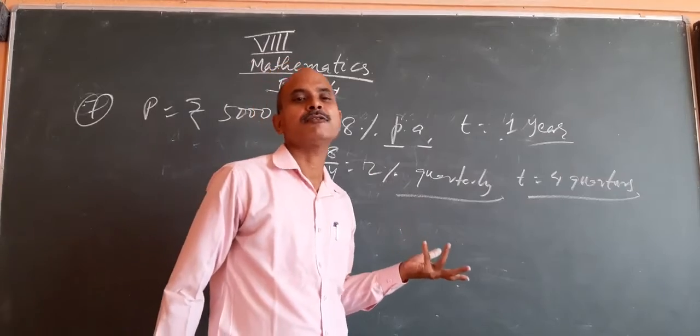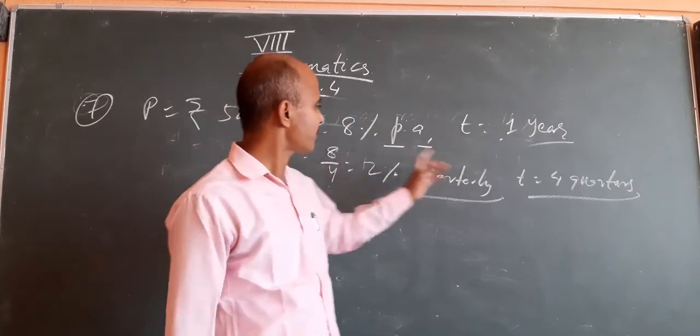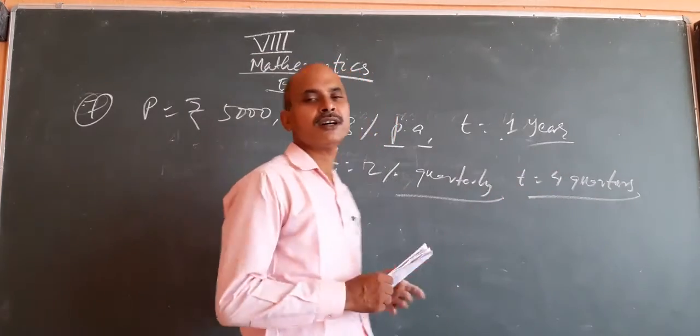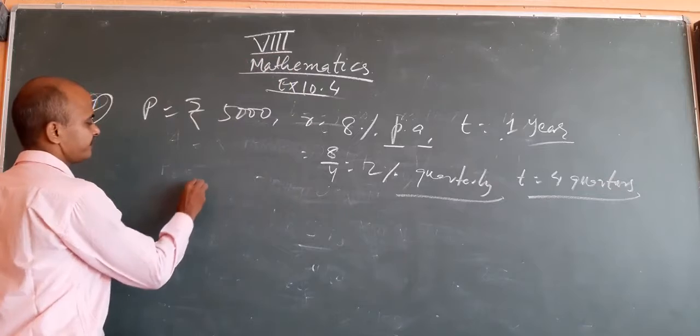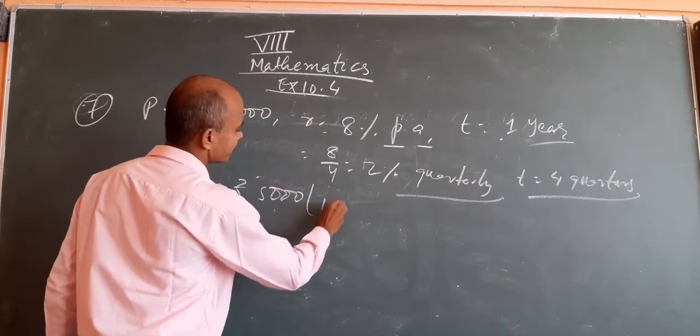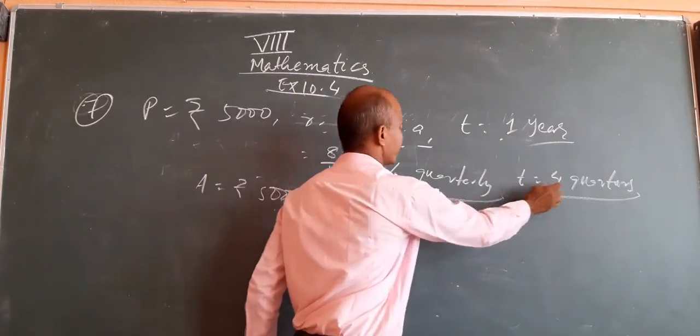Either you calculate the interest year wise or directly. Here the number of times will be very large. 4 times you have to calculate. So I use the formula for amount. A is equal to 5,000 into 1 plus 2 by 100 to the power 4.